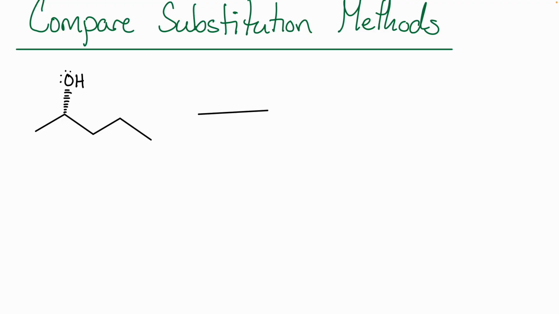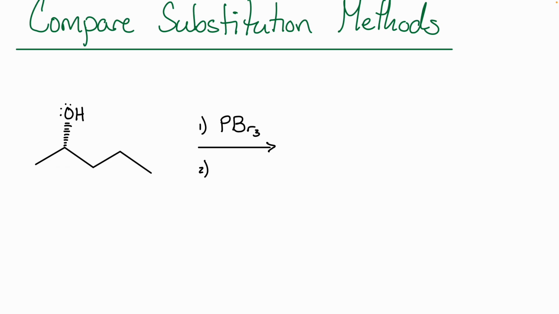All right, we're going to take this same stereospecific alcohol, and in the first, we're going to treat it with, let's do our phosphorus tribromide. Then we'll do our NaSH.